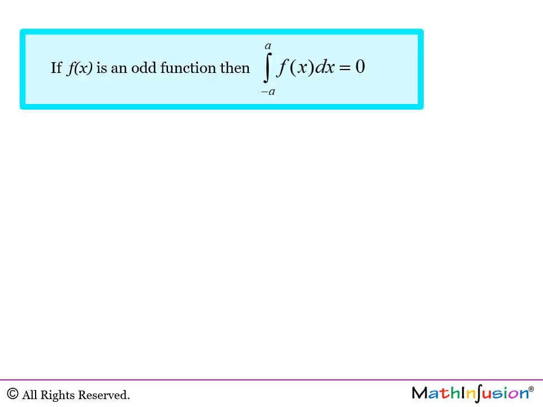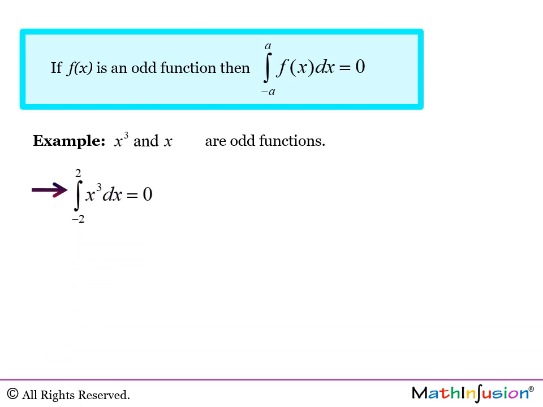If f(x) is an odd function, then the integral of f(x) dx between negative a and a equals 0. This was the case that we have seen. Sine x is an odd function, and we got it, but also x cubed and x are odd functions.